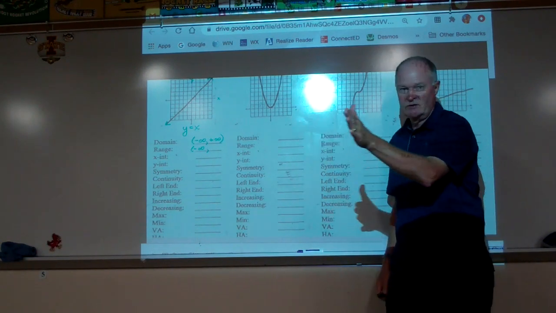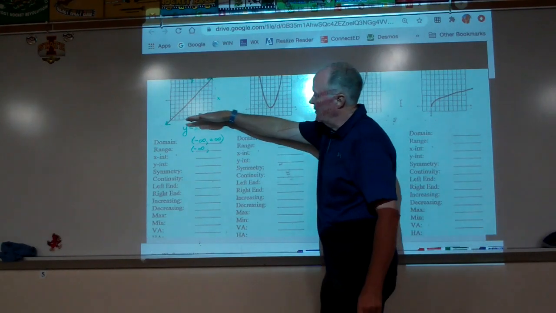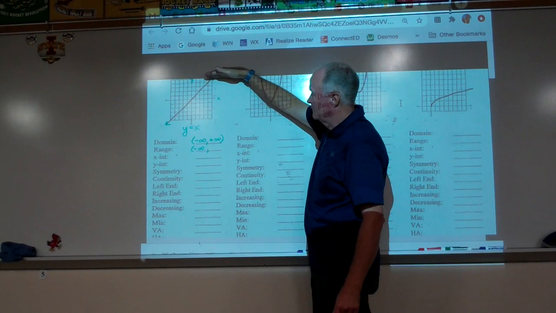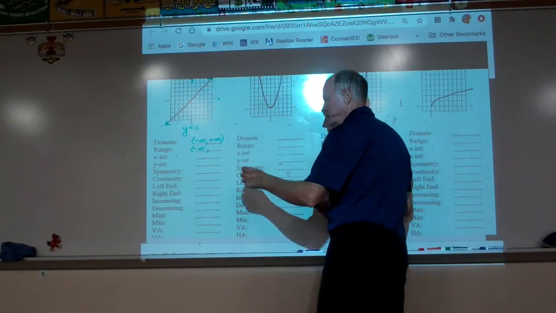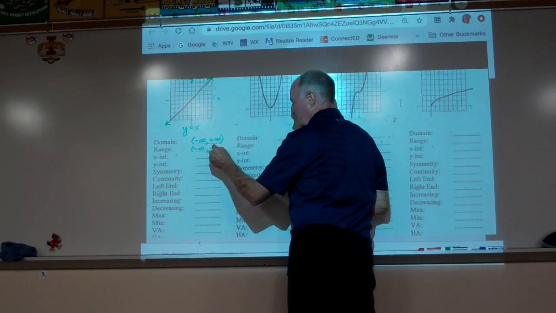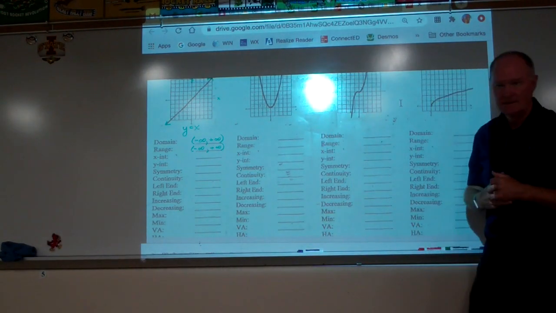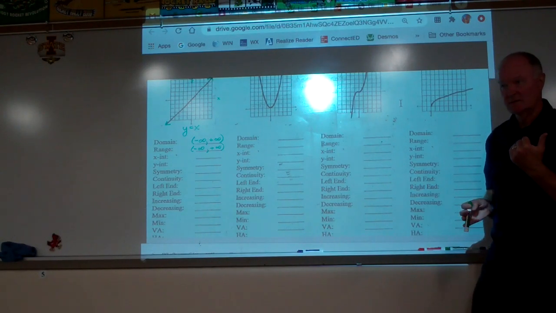It gets bigger as you go from left to right. I'm going to go up on that graph until I get to something that's weird. Boom. An arrow on the top. Arrow on the top is positive infinity. And there's your domain and range for y equals x.